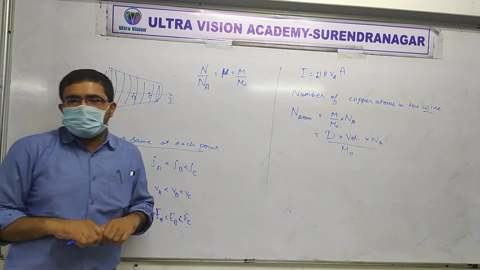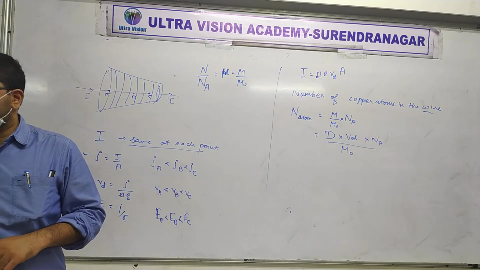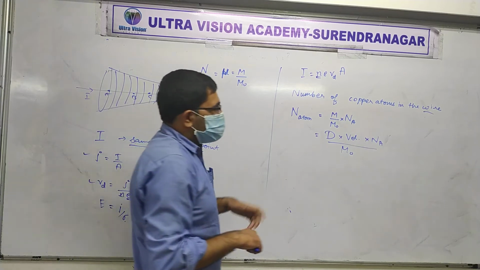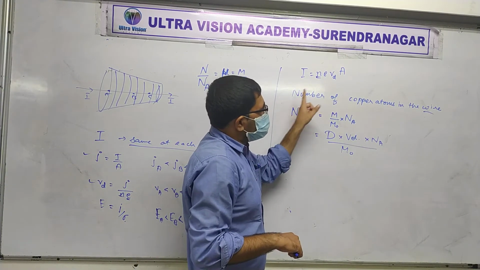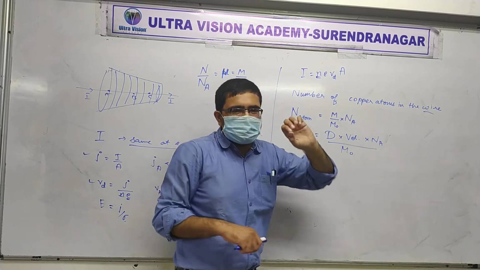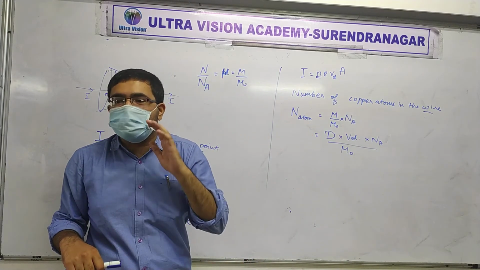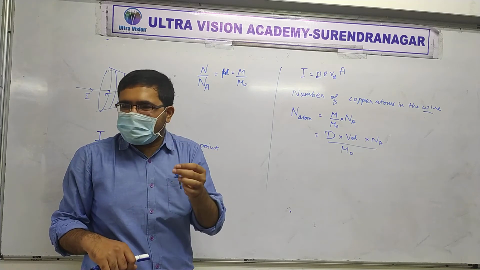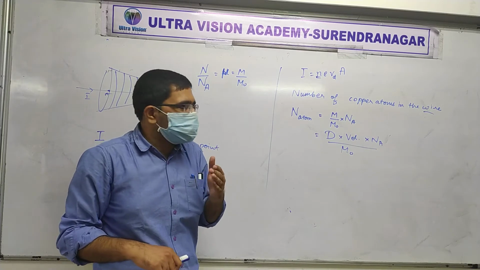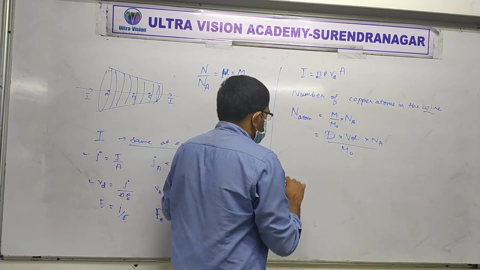Yes or no? Yes. Mass is equal to density into volume, right? You know that? Why am I doing that? The reason is we are not interested in finding number of atoms actually. We are interested in finding number per unit volume, small n. Number of free electrons per unit volume. That's why we will divide volume on this side.